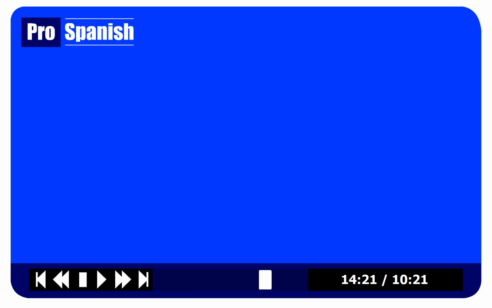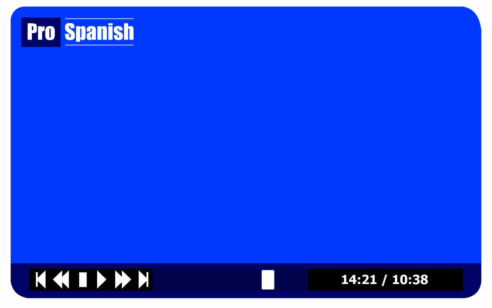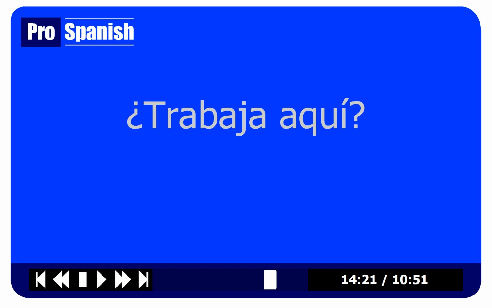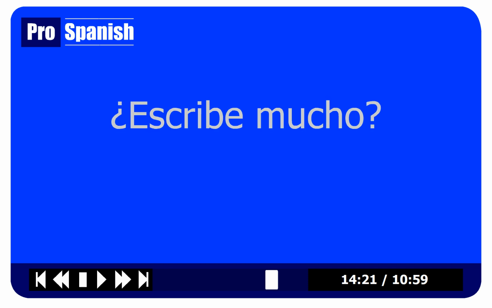The formal of do you live here, what would it be? Vive aquí, vive aquí. And it might help you to remember it by thinking, as it's the he or she version, it might be a bit like, does one live here? Do you work here? What would that be in the formal? Trabaja aquí. Do you write much? Escribe mucho.